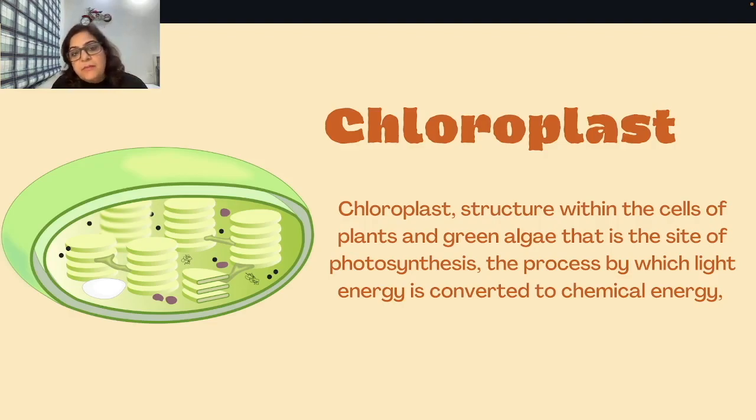You can see in the diagram it is a double membraned organelle, and you can see the stacks of vesicles. These are the grana, the single ones are the thylakoid, and the stroma is in the center. Stroma is the cytoplasm, and the main photosynthetic pigments, the chlorophyll molecules, are present within the thylakoid lamellae.